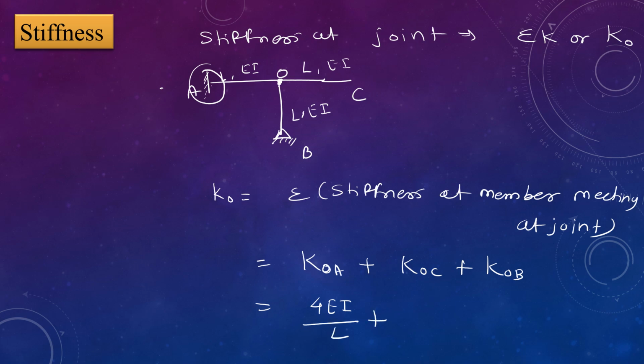In case of the OC member the far end is free, so the stiffness value is 0, plus in case of OB the far end is hinge, so the stiffness value is 3 EI by L. By adding these we get 7 EI by L, and this 7 EI by L is the stiffness at the joint. The individual value based on the end condition is the stiffness of the member, and the addition of all the member stiffnesses is the stiffness at the joint.